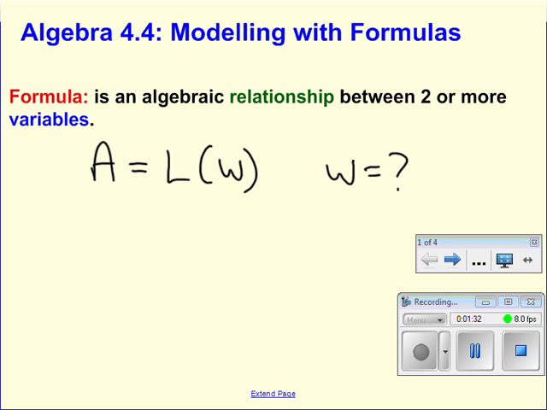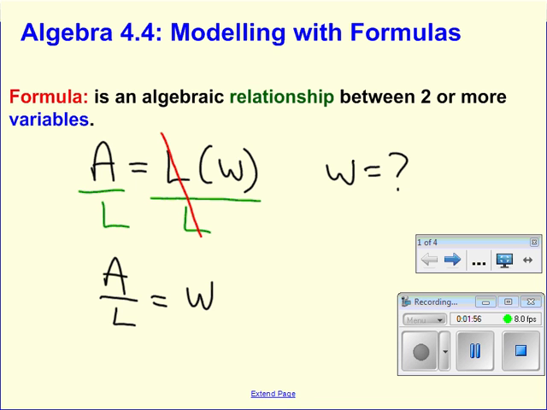In this case, it's length times width, and the opposite operation of multiplication is division. So I'm going to divide by length here, and whatever I do to one side, I have to do to the other. The lengths cancel out, and I'm left with area over length is equal to width. So that is now the formula for width in relationship to area and length.